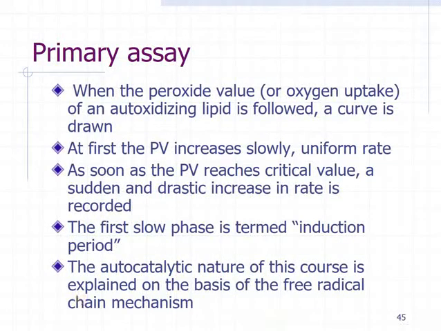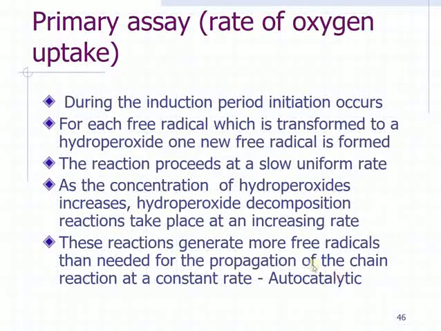And as I already mentioned, the autocatalytic nature of this process is explained on the basis of the free radical chain mechanism, whereby in the propagation step there's the increase of peroxides. So during the induction period, the initiation occurs, and as we already know, I keep repeating this, for each free radical which is transformed to a hydroperoxide, another free radical is produced because of the propagation.